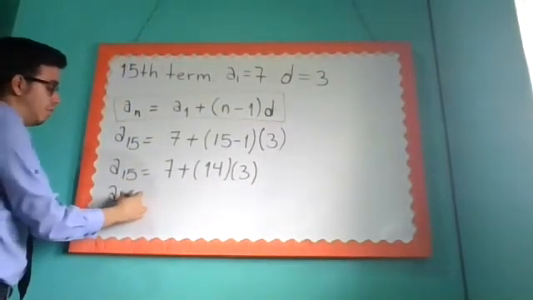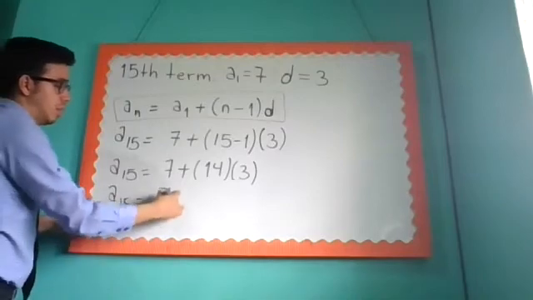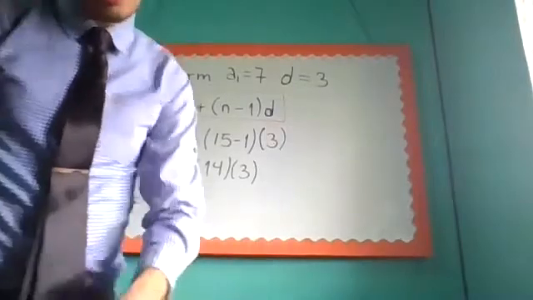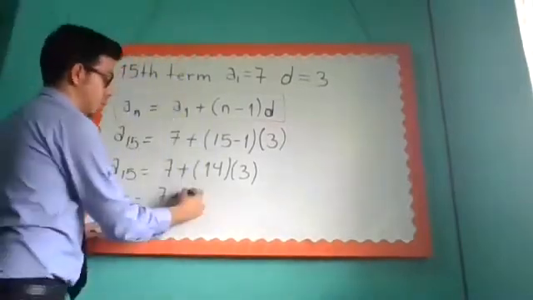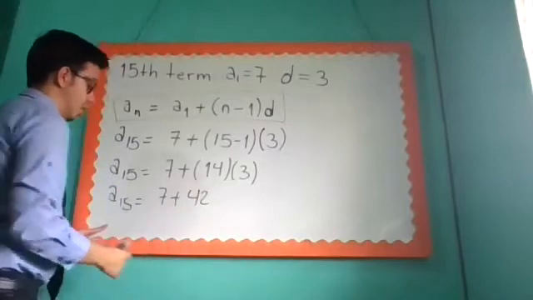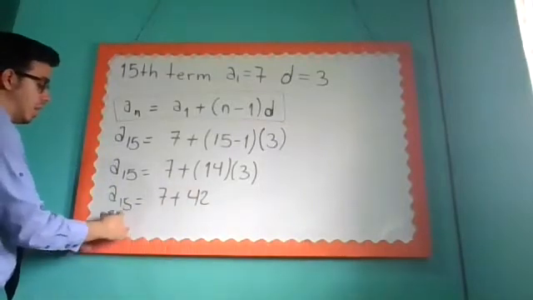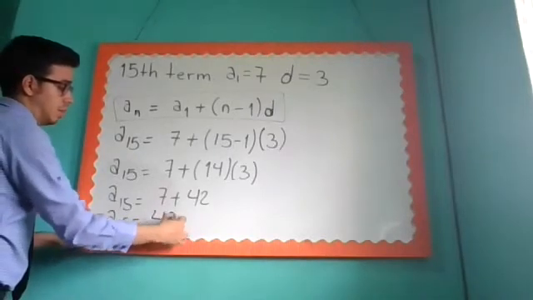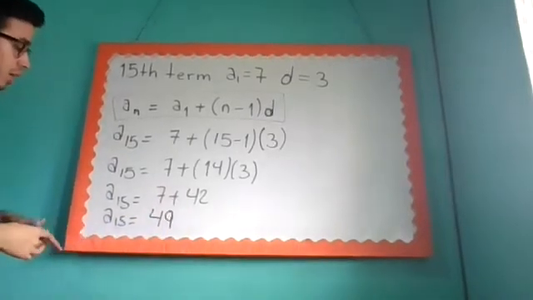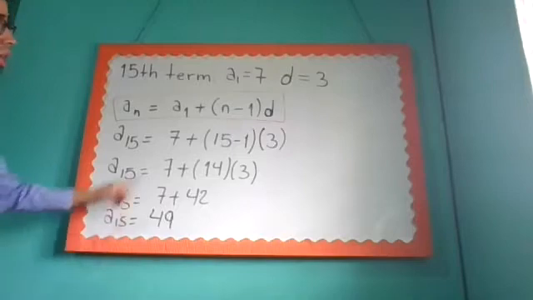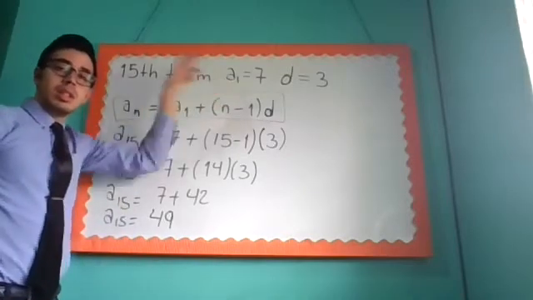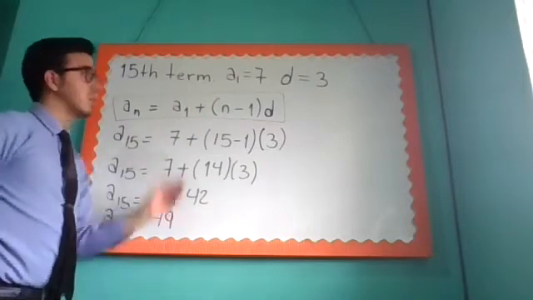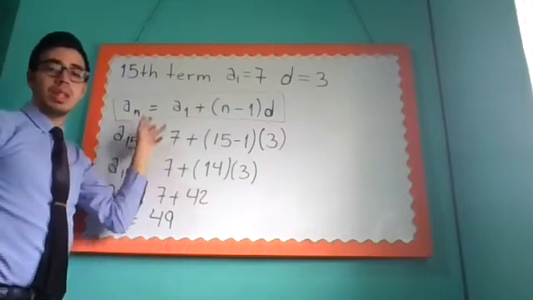A sub 15 is equal to 7 plus, the multiplication of 14 times 3 is 42. So at the end you have that a sub 15 is equal to 49. You obtain the 15th term of this only having one term of the sequence, because you have the common difference and you use the formula only to replace the values.